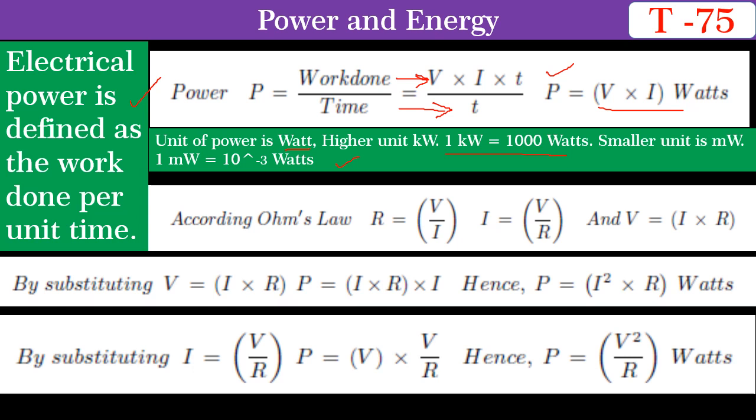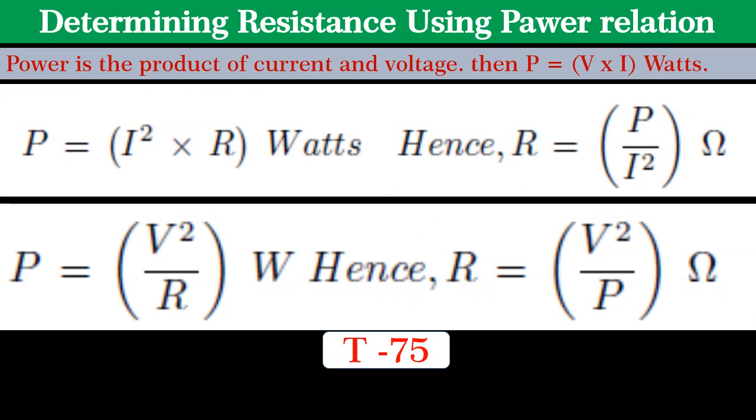Now, we know the three forms of the Ohm's law, and by substituting in suitable equations, we get P is equal to I squared R watts and P also is equal to V squared divided by R watts. From the equation of power, we can easily get resistance R is equal to P divided by I squared ohm, and R also is equal to V squared divided by P ohm.